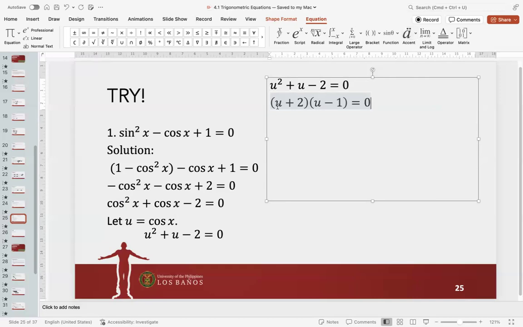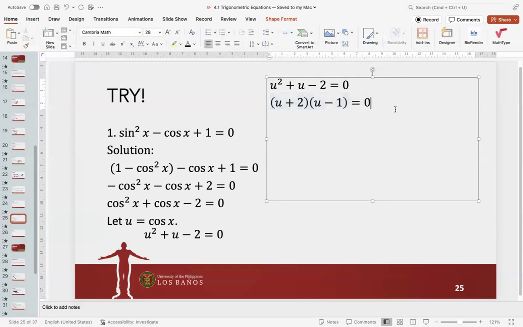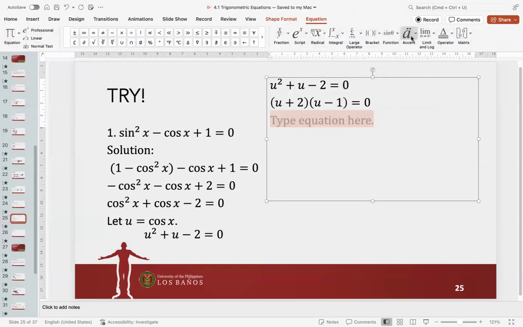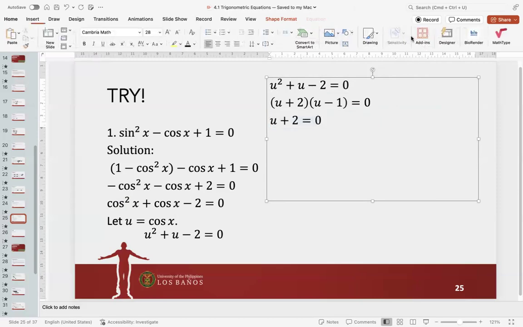So we have, using FOIL, u times u is u squared, and then negative u plus 2u will be u, and then 2 times negative 1 is negative 2. Okay? So that's the correct factor. So it follows from here that u plus 2 must be equal to 0, or u minus 1 must be equal to 0.